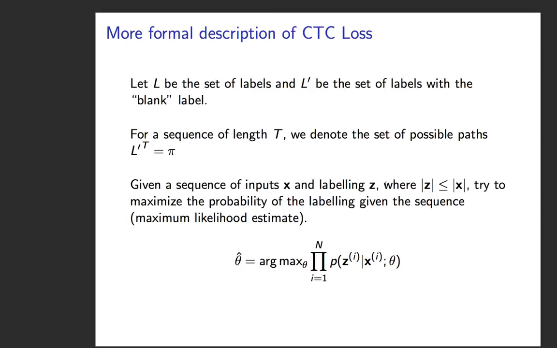What is n? That's the number of samples, the size of your training set. The length of each sequence is T. The first line, where the length of z is less than or equal to x: z is your labeling, x is your input. I was making a distinction between the label sequence, which is equal to x in size, and the labeling it collapses to, which can be of equal length or less.